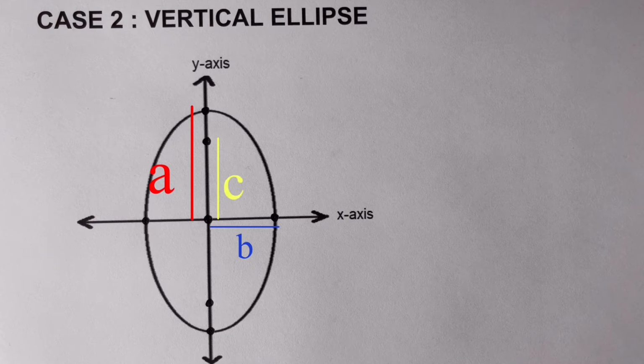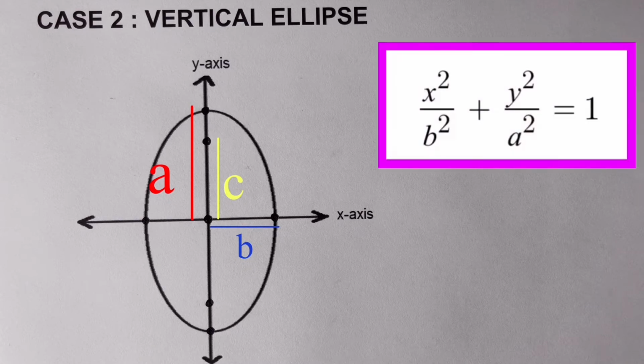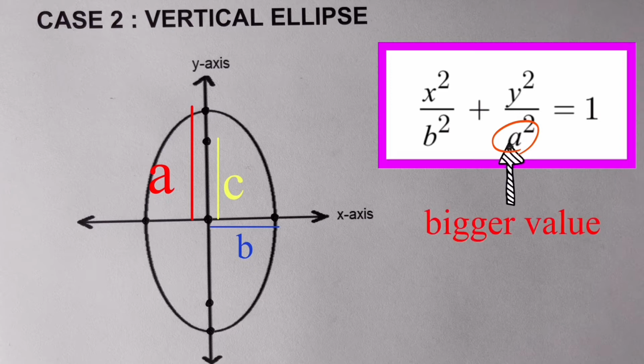Now, using these lengths A and B, we can say that our equation for a vertical ellipse is x squared over b squared plus y squared over a squared is equal to 1. Notice that our a squared is under the y squared. This means that if the denominator under the y squared is bigger than the denominator under the x squared, we get a vertical ellipse.